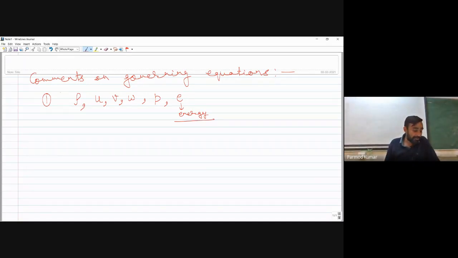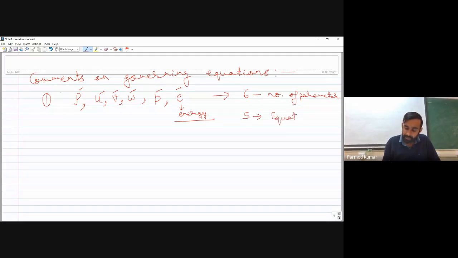Now if you count the number of parameters, 1, 2, 3, 4, 5, and 6, we need to determine 6 parameters. And how many equations do we have? We have one continuity equation, 3 momentum equations, and 1 energy equation, so 5 equations.